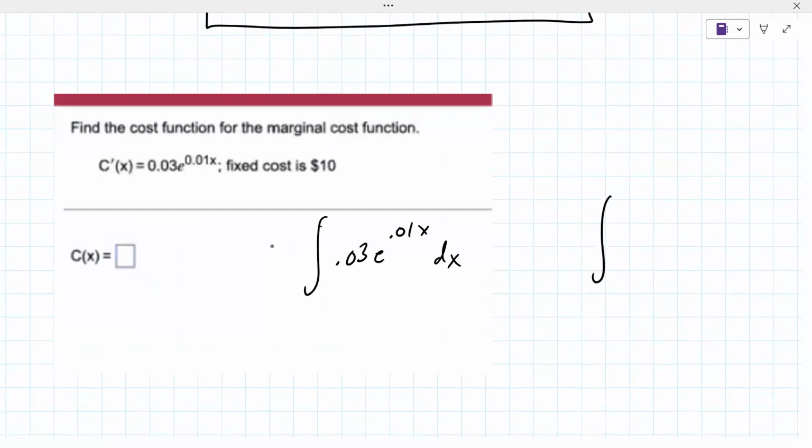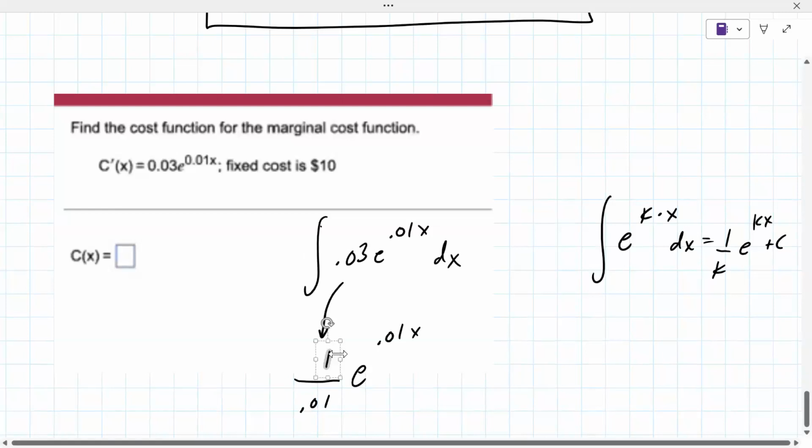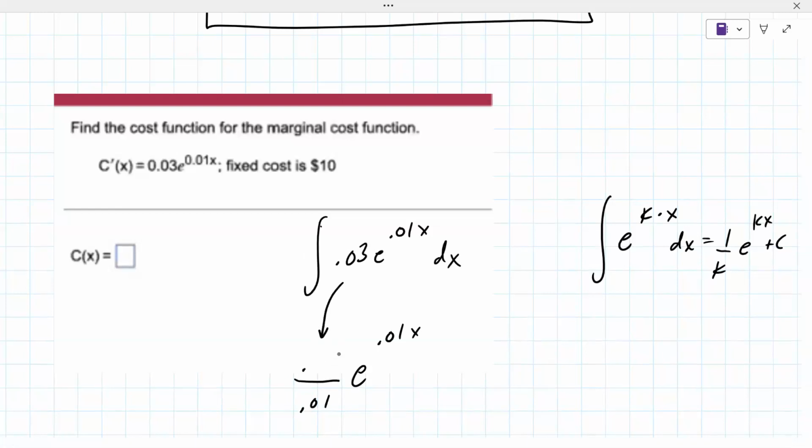I showed you earlier, if it's e to the k times x dx, it's 1 over k e to the kx plus c. So this problem becomes e to the 0.01x, 1 over 0.01, but then you bring that constant down, which is 0.03, plus c.